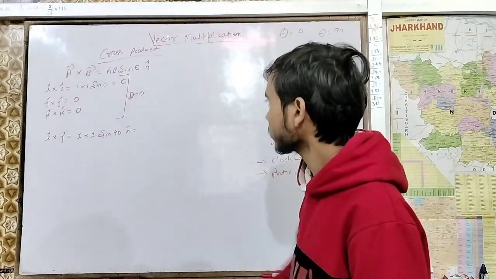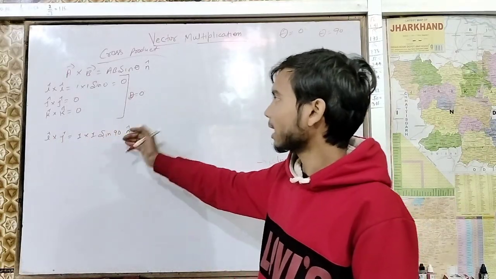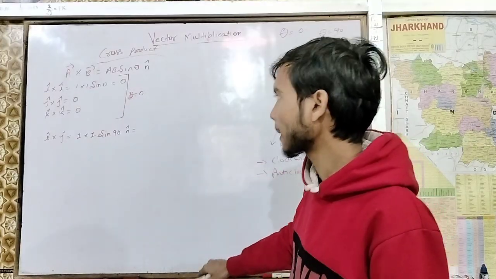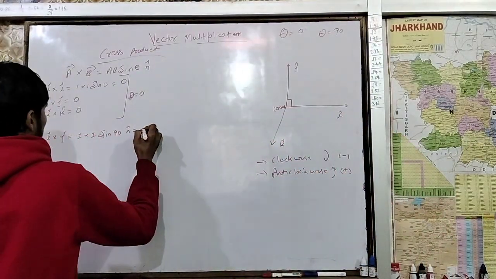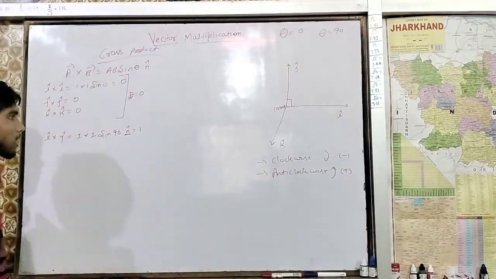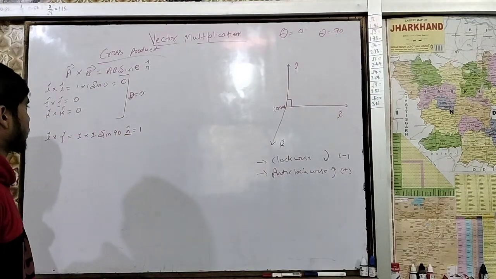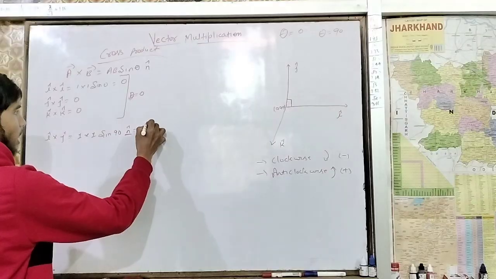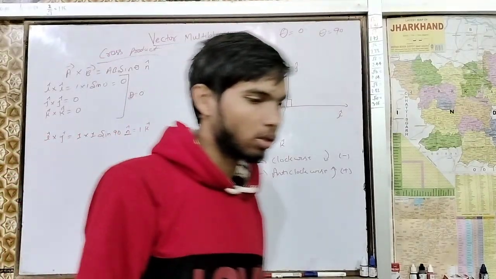So 1 is 1, and sine 90 is going to be 1. So finally you got 1, and this n cap is your k cap.